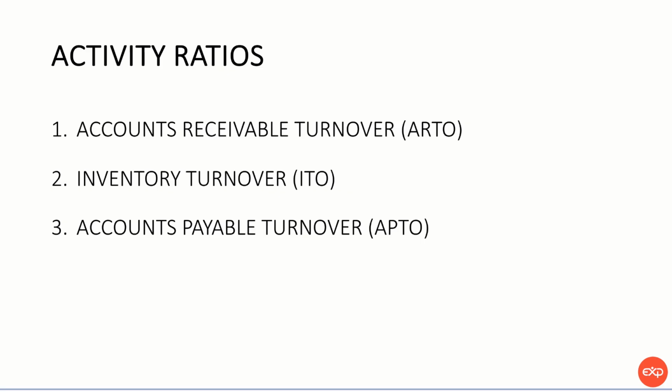The first batch looks at the turnover calculations, which are accounts receivable turnover, inventory turnover, and accounts payable turnover. These are called the turnover ratios, and the calculation involved in them is somewhat similar. That's why they're grouped together, so that it's easier for students to remember, and when thinking about the formula, it's easier to match it as well.